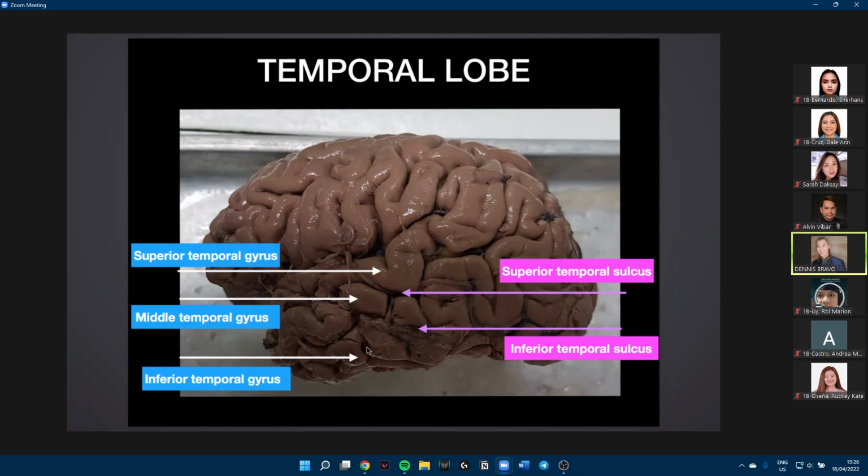What separates the superior temporal gyrus from the middle temporal gyrus is this superior temporal sulcus. And what separates the middle temporal gyrus from the inferior temporal gyrus is the inferior temporal sulcus.